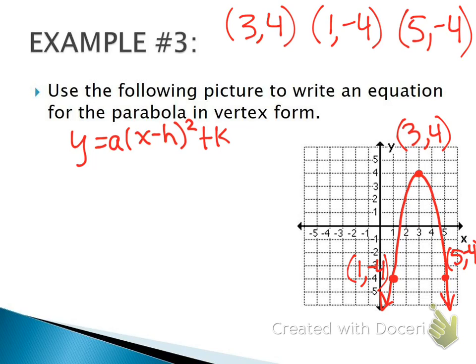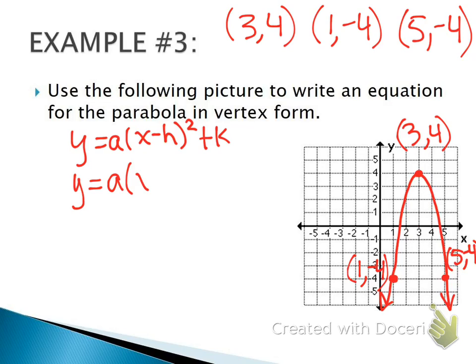The easy part to identify should be h and k. Where do we find h and k? At the vertex. What does our vertex appear to be on this problem? 3, 4. This point up here looks like our vertex. So we can go ahead and fill that in.